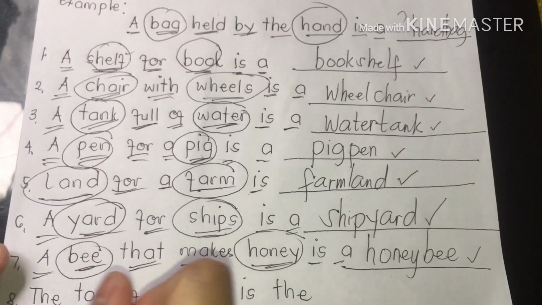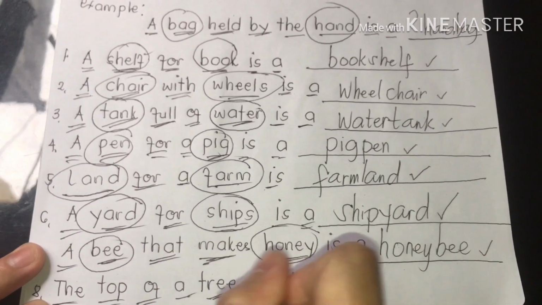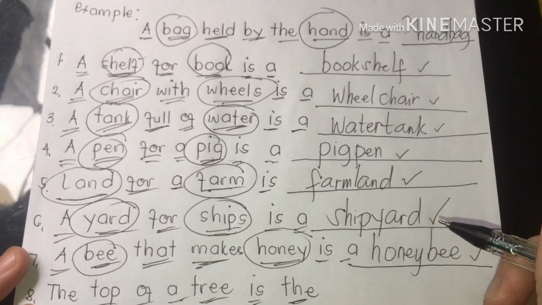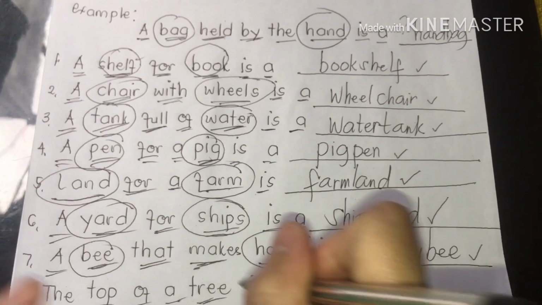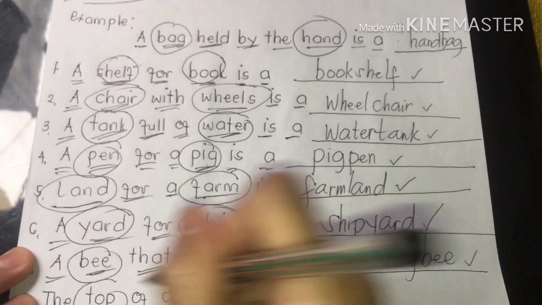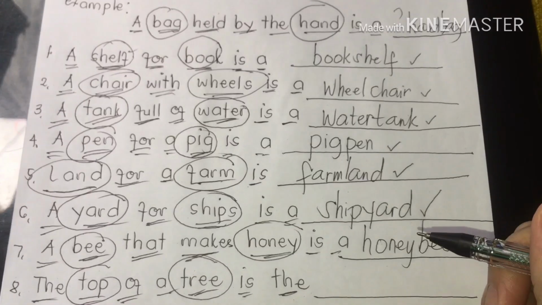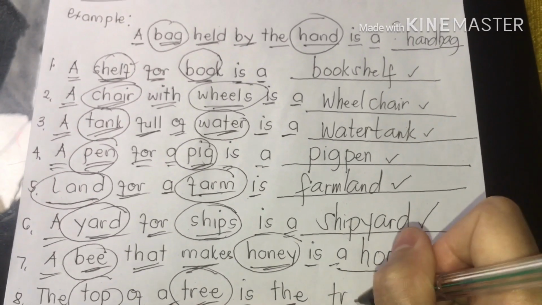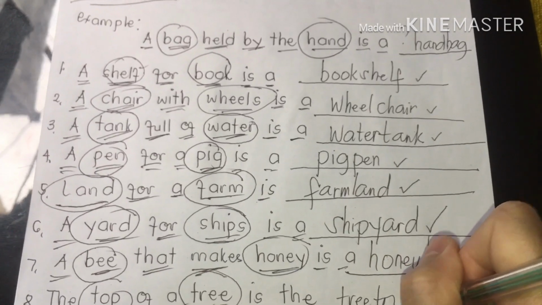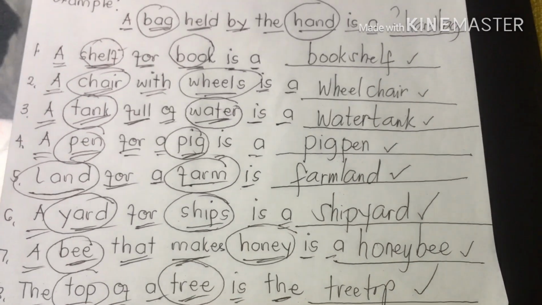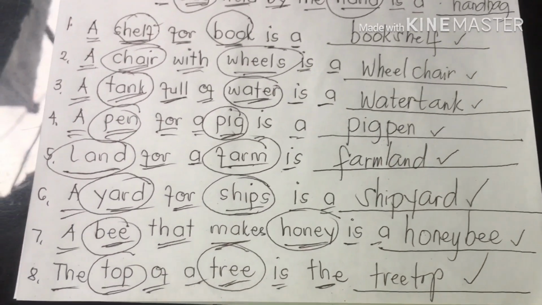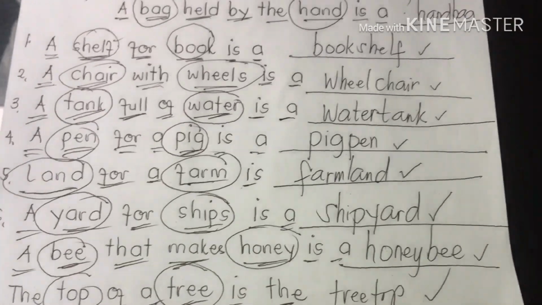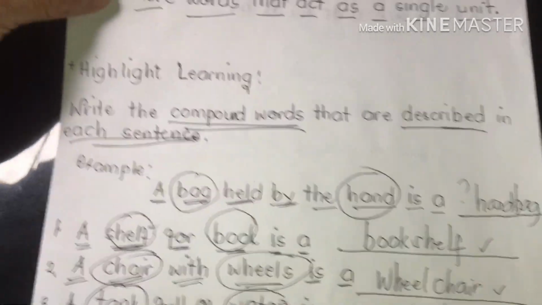Next is the top of a tree is the blank. So we are going to write two words here. We have tree and top. Okay, we have treetop. That's our compound nouns. Why, Jerome, do you discuss compound nouns?